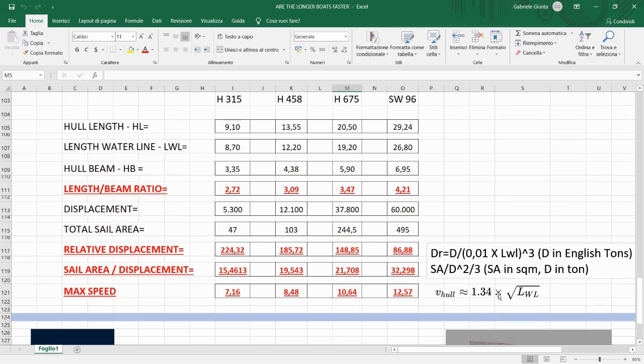Max speed. This is a very popular formula saying the max speed of the boat is 1.34 times the square root of the length waterline. I don't like this formula very much because it's considering only the length waterline, but if we think of very different types of boat, a very old boat, a cruise boat and a race boat, we can easily understand the length waterline can be the same, but the speed can be completely different.